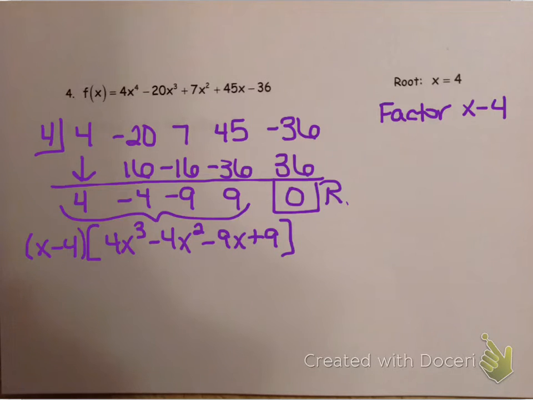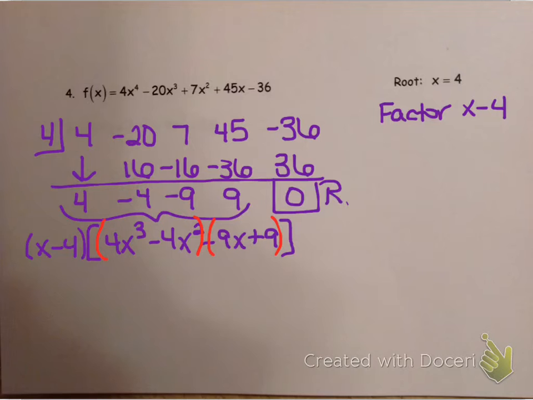Okay, so we're left with the cubic, which earlier on I said that you didn't have the ability to solve that cubic yet. Well, this cubic is different, because this cubic you can factor with a method you know. So hopefully you're thinking or saying out loud that this cubic could be factored by grouping. So I'm going to group the first two, group the last two.